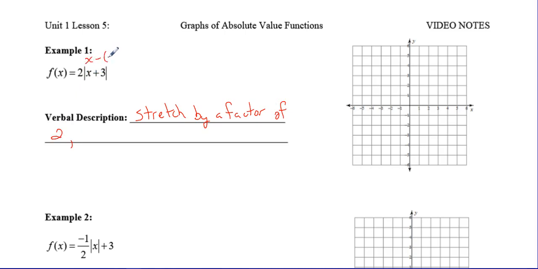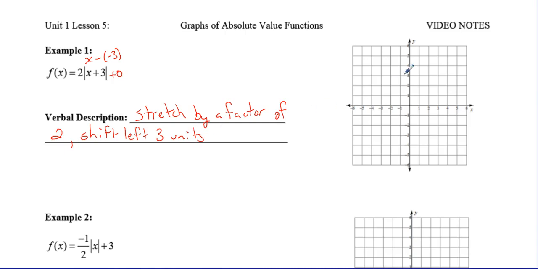x minus negative 3. So that is a shift left 3 units. And there's nothing happening out here, so it's kind of like it was plus 0. So no shift up or down. So that's what's happening.